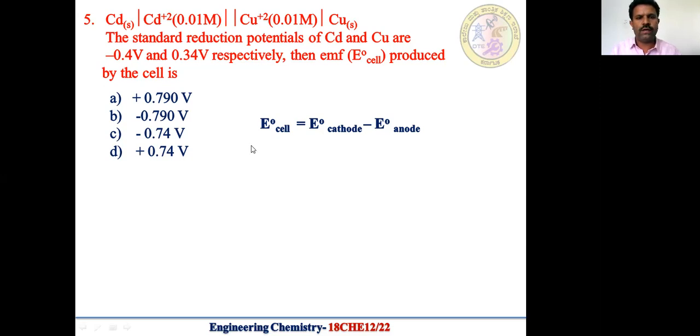We know that we can calculate standard EMF of the cell using the formula standard electrode potential of cathode minus standard electrode potential of anode. So here the anode is cadmium and its value is minus 0.4, and the cathode is copper and its value is 0.34 volt. So hence the right answer is option D, that is 0.74 volt.